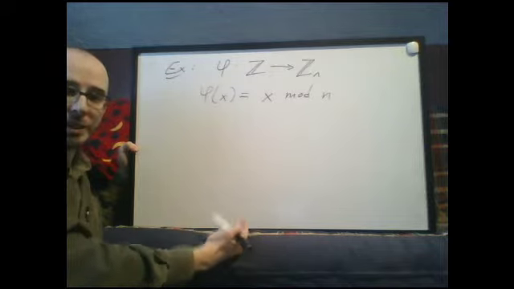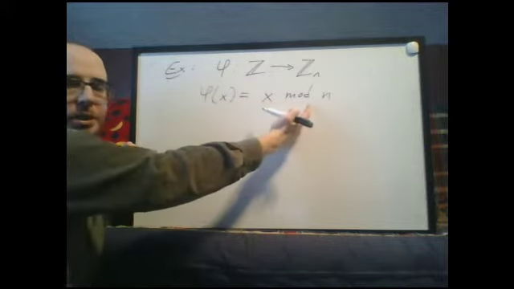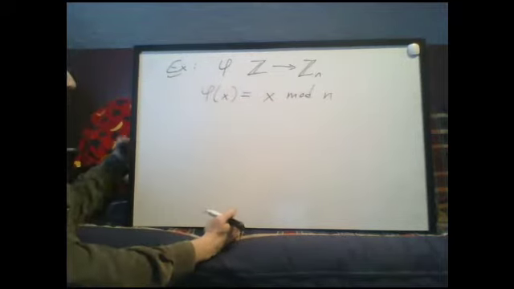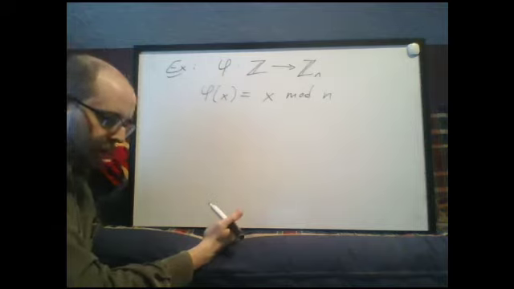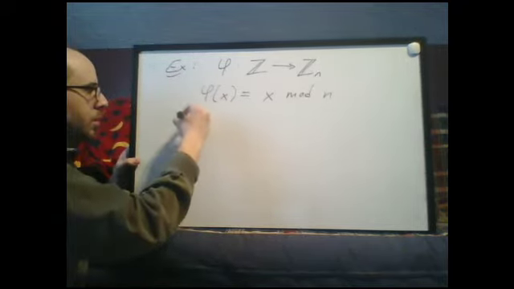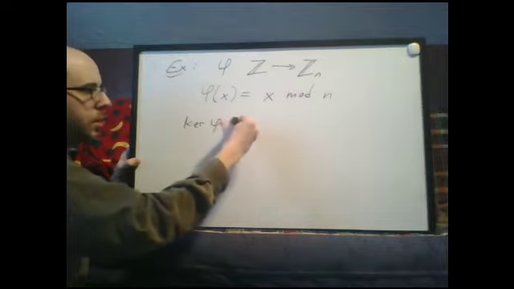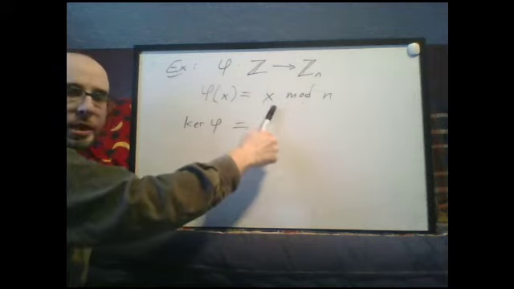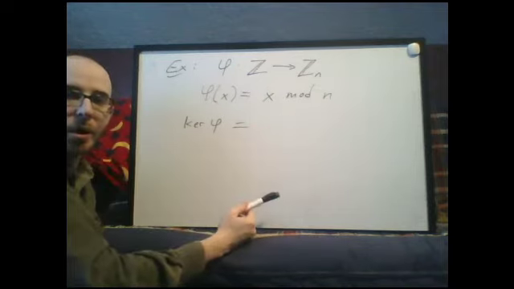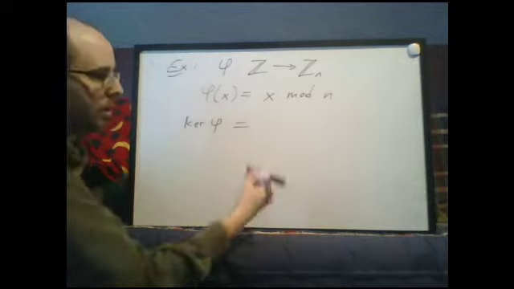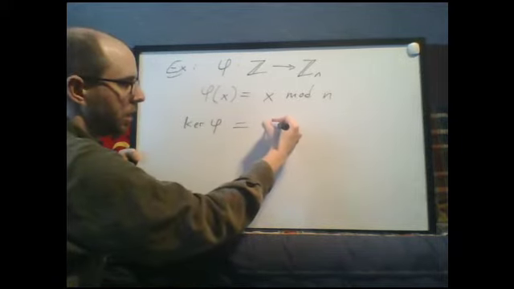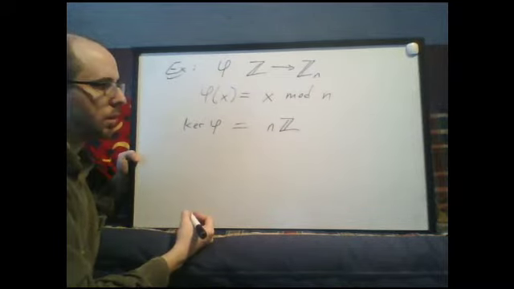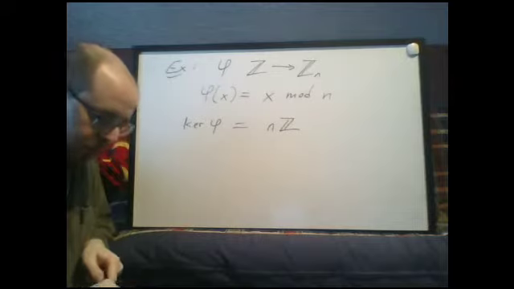It preserves addition. Addition in the integers turns into addition mod n, and multiplication in the integers turns into multiplication mod n. So it preserves the operations. The kernel of this phi would be the set of everything that gets mapped to 0, so everything that when you mod by n becomes 0. Those would be multiples of n. So the kernel would be nZ, the integer multiples of n.